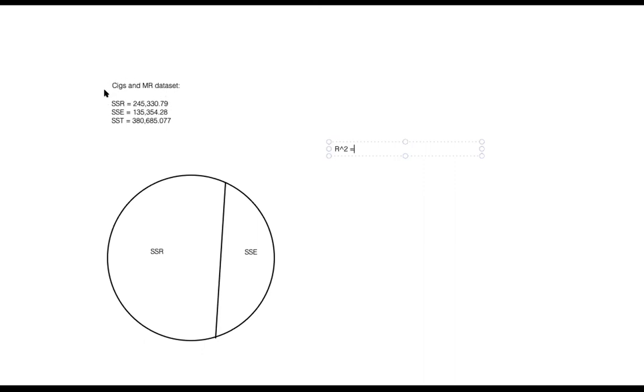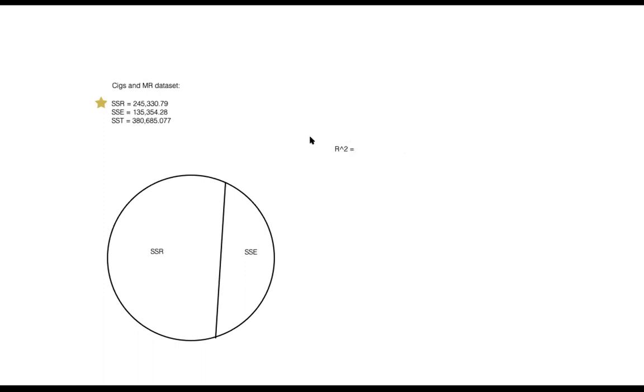So this is what your model does well. This is the portion of your dependent variable that your model explains. This is what we are interested in. We want SSR, but because we can't really interpret 245,000, we're going to turn it into a proportion.